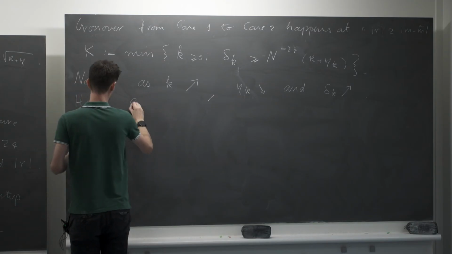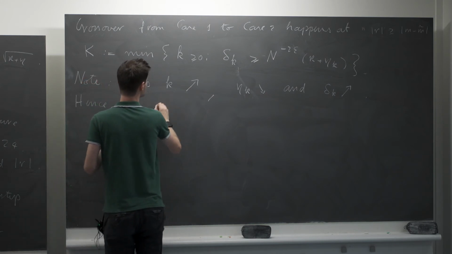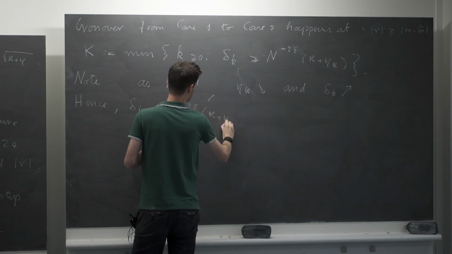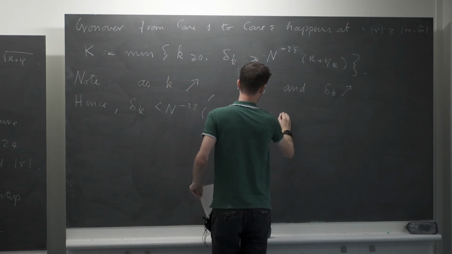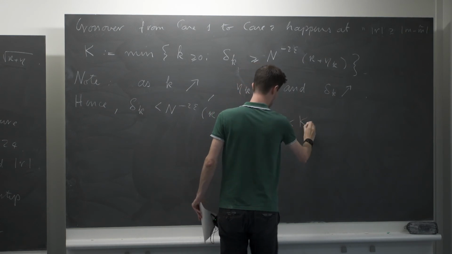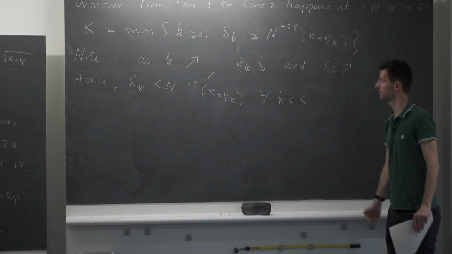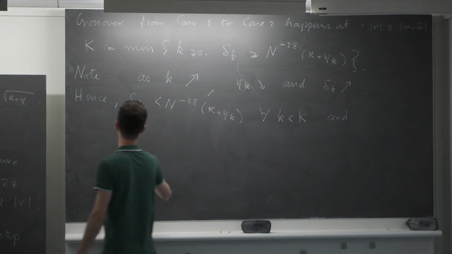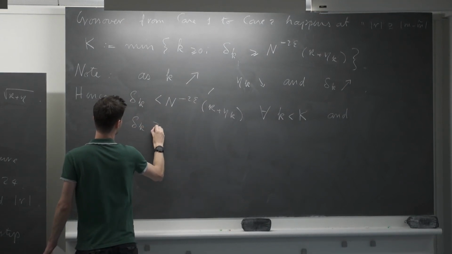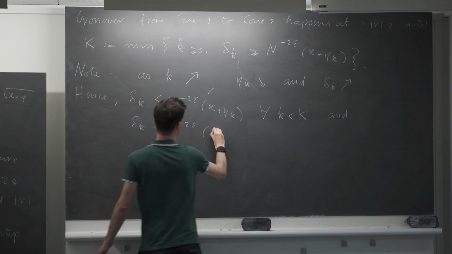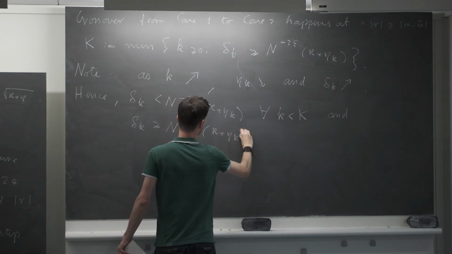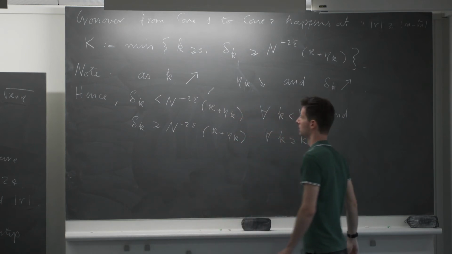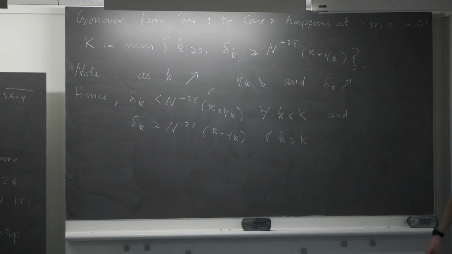This is an important observation. For all k strictly less than capital K, we have this bound, so we are in case 1. So there's a monotonicity, and there's no going back.